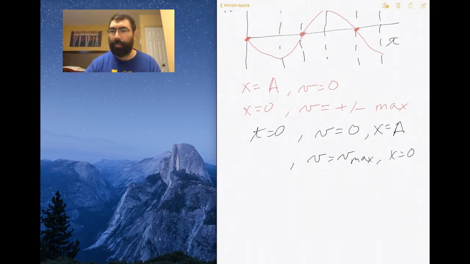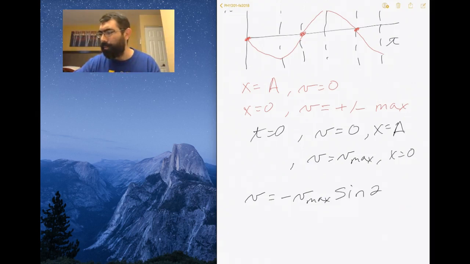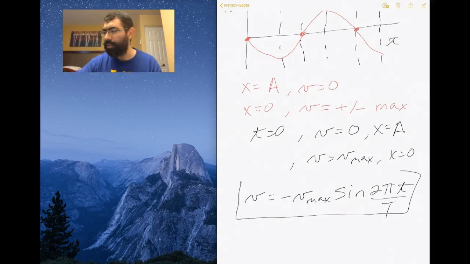And so the function I basically have is minus v max, remember, I have to get that negative maximum slope, times the sine of 2 pi t over the period. So while the position is a cosine function, the velocity is a sine function.